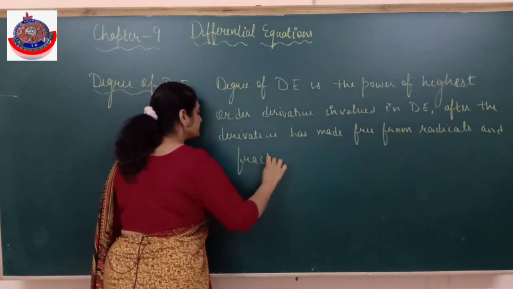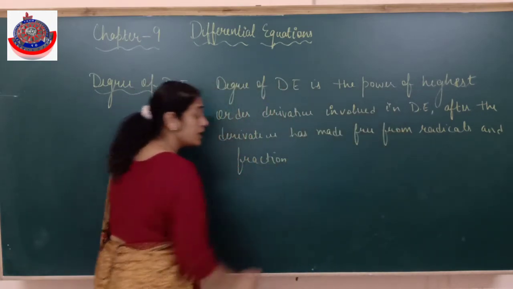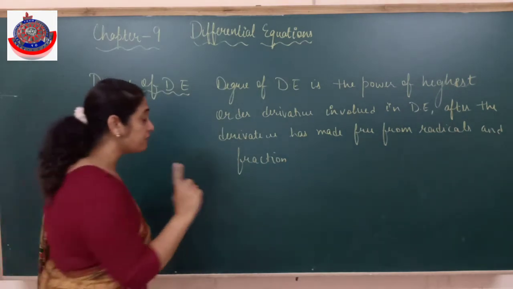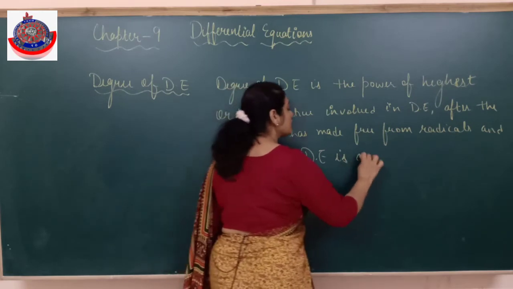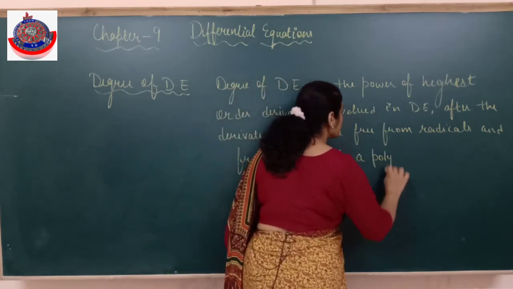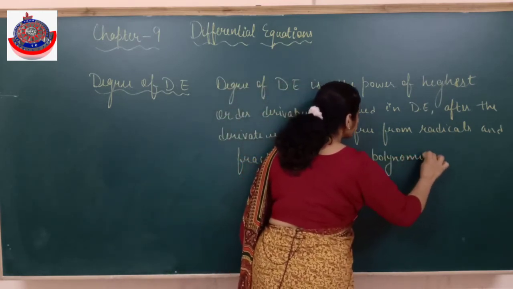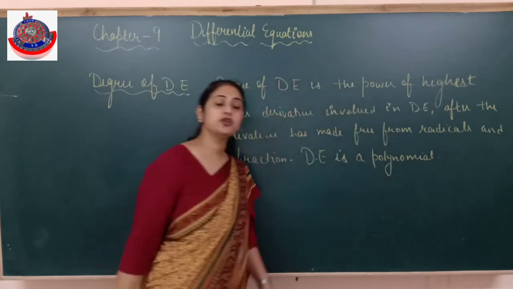Mean to say, you can find the degree if the differential equation is a polynomial. If it is a polynomial, you can see, children, degree, it's not a new thing for us.